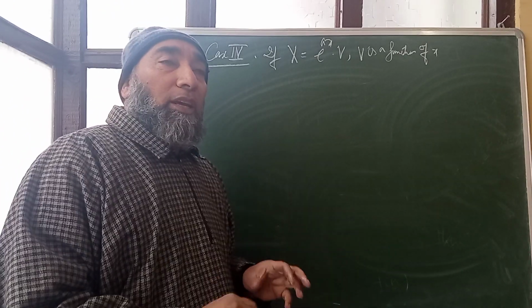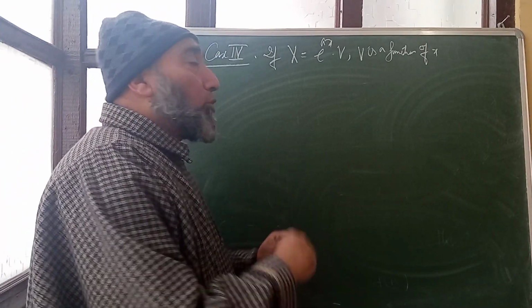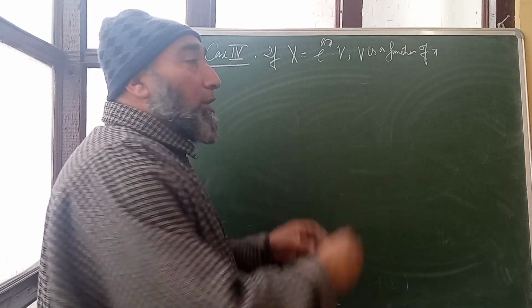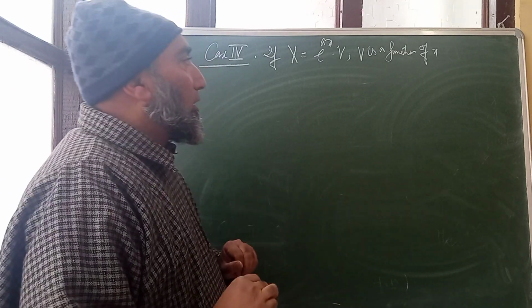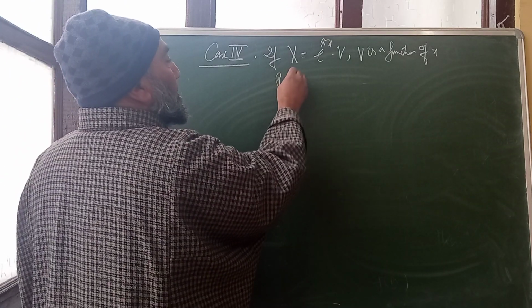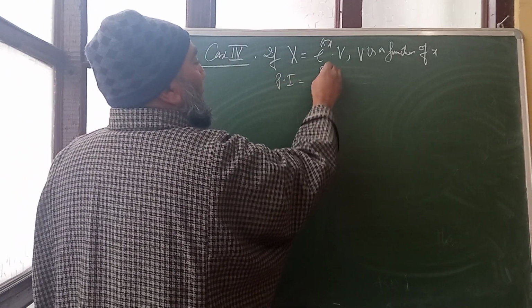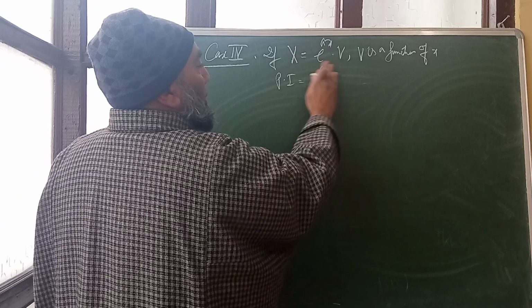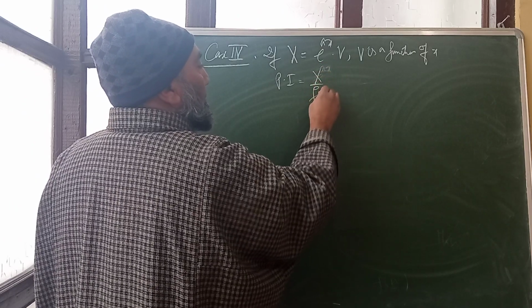Say e to the power ax into sine function, e to the power ax into cos function, e to the power ax into polynomial. We have discussed these three cases. Now how to find the particular integral? See, the particular integral is X upon f(D).